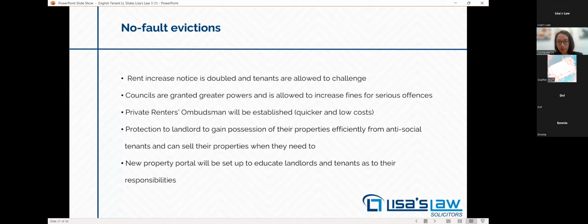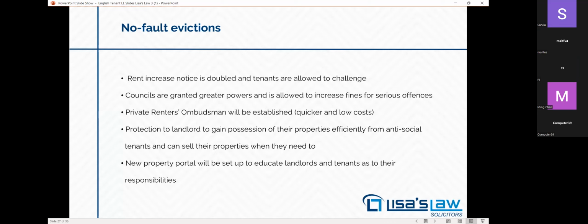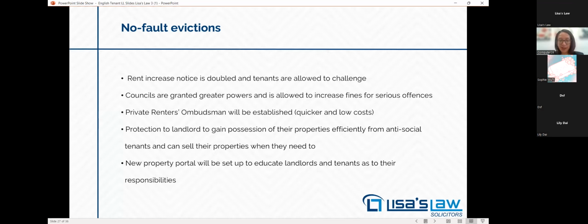There's protection for landlords to gain possession of their property efficiently, only if it's for antisocial behaviors, and also if they want to sell the property, which I can see a problem as well, because most landlords might just use the reason that they want to sell the property to evict the tenant. We'll see. There will be a new portal. This portal will be set up to educate landlords and tenants as to what their responsibilities are. And I think that's actually very helpful.